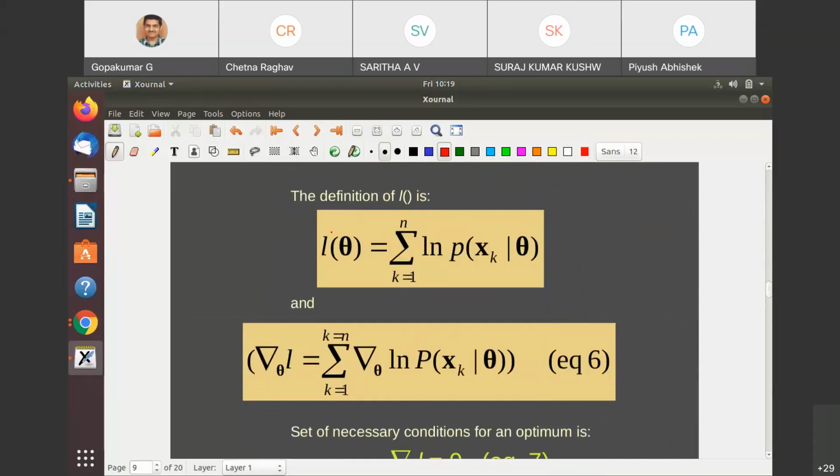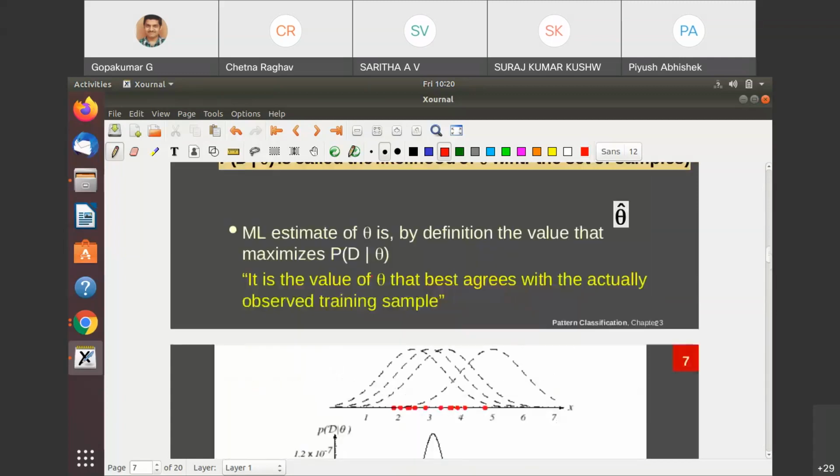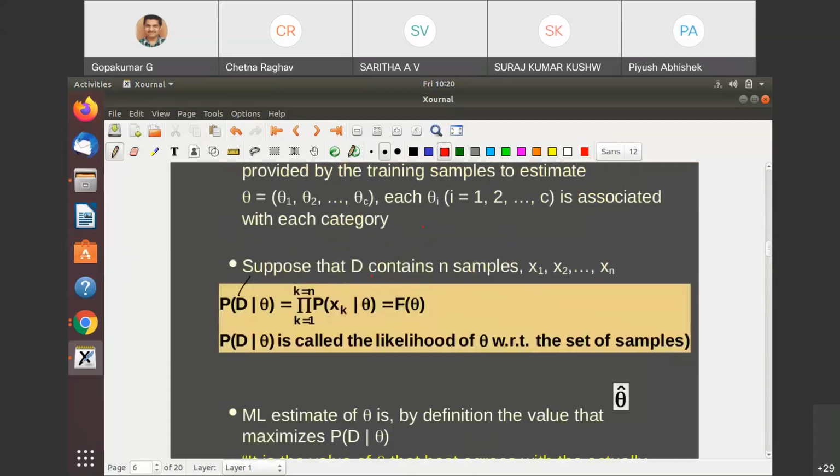And now we will look into L of theta. We have defined the probability of D given theta as a product over k equal to 1 to n, considering the independent nature of each of the sample points.